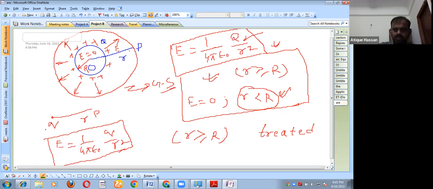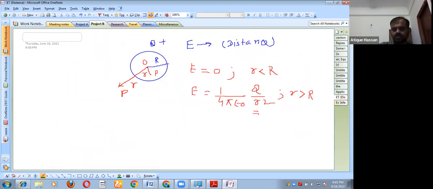It should be small r for an outside point; by mistake sometimes we write capital R. If the point is on the surface, then in this expression we will have capital R, but for an outside point it should be small r. So this is the formula.